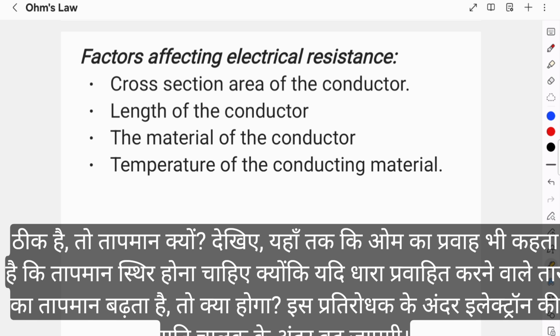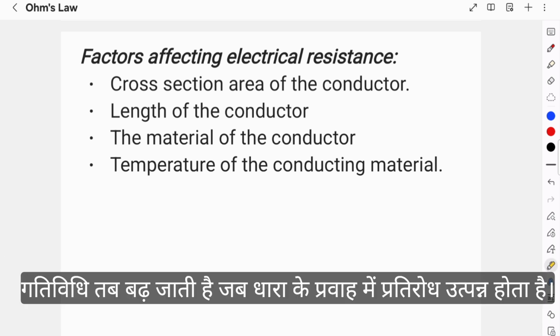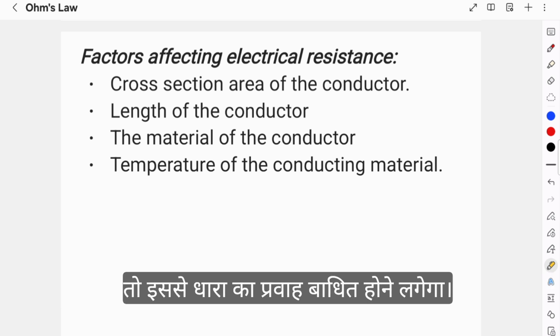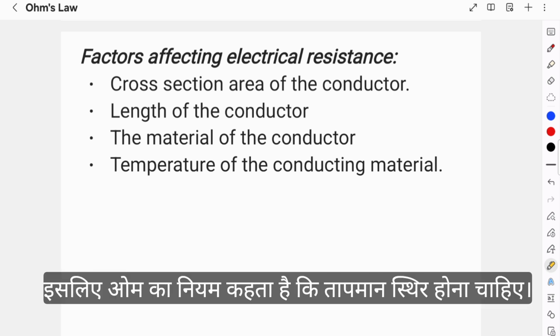The movement of the electrons inside the conductor will increase. So when the intermolecular activity increases, there is a resistance to the flow of current. This will start opposing the flow of current. So this is why Ohm's law states that the temperature has to be constant.